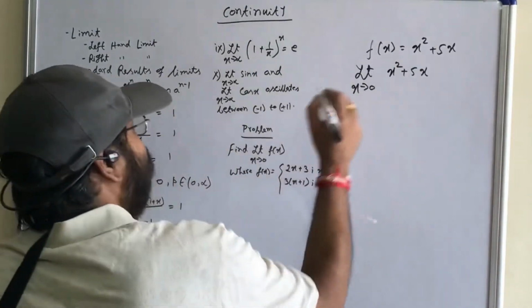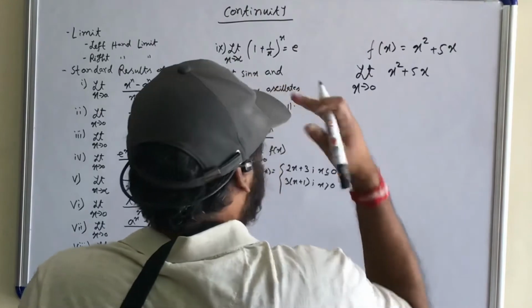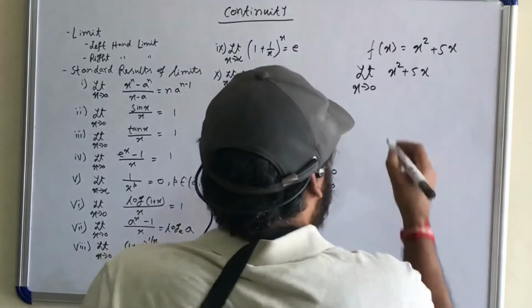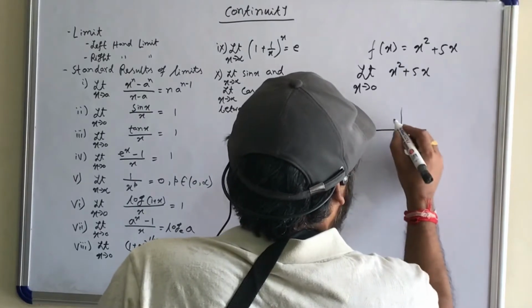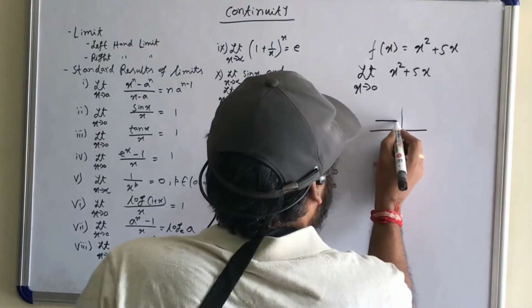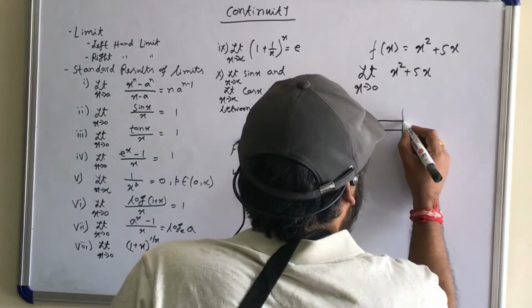First thing is that x tends to 0. What does it mean by x tends to 0? In class 11 also you have learned about it. It means, say it is a line and it is the value 0.